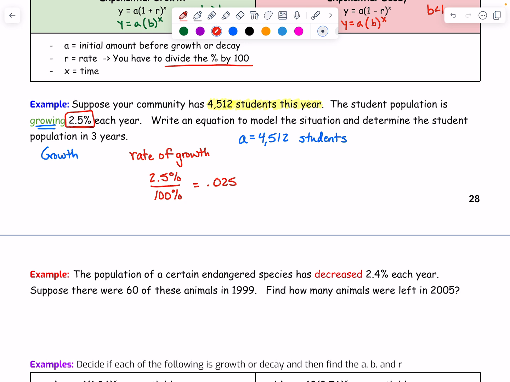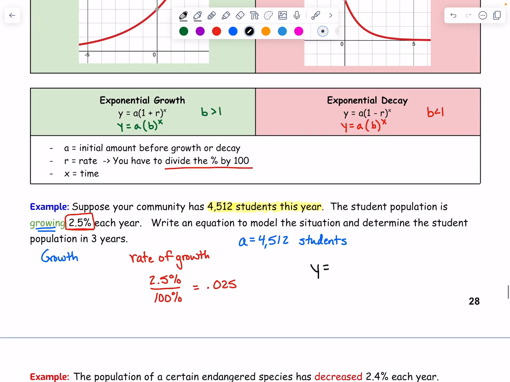Then we're going to write an equation to model the situation and determine the student population in 3 years. All right, so let's fill everything in. We have our growth formula, y equals, and let's just refer back up here. Let me write it in green, actually. We're going to use this formula and fill everything in. So y equals a times 1 plus r to the power of x, which is going to be time.